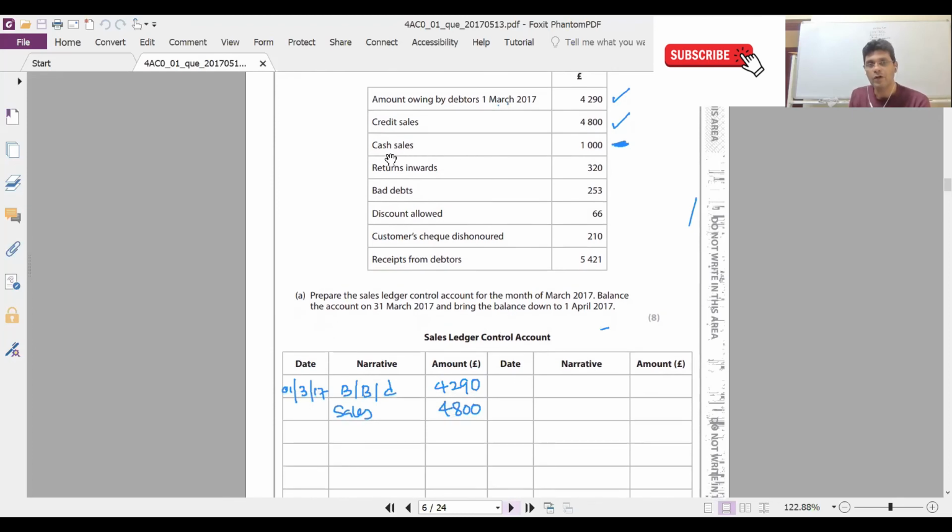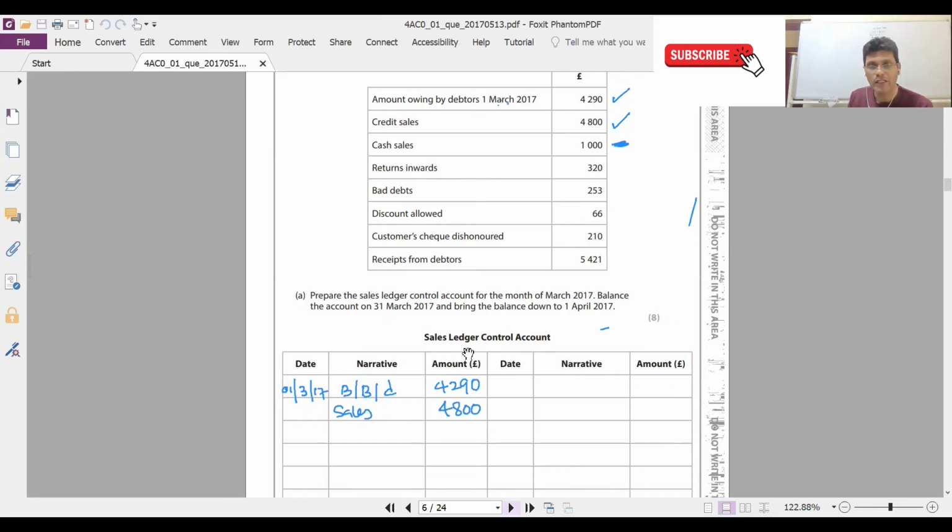Cash sales are recorded in the cash book. Credit sales are recorded in the sales day book. From the sales day book, we transfer it to the sales account and the sales ledger control account. You understand? Then return inwards, on which side do you record? On the credit side.